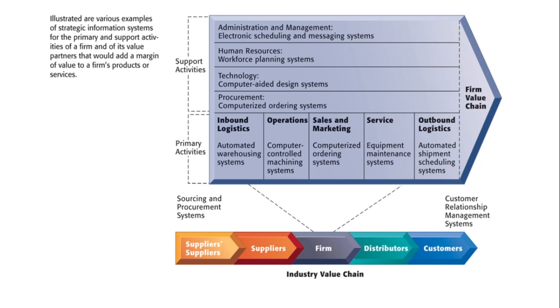Then the operations, where they produce the service or the product. Sales and marketing, how they promote and price these things and spread the word about them. After-sales service and outbound logistics, which is automated shipping, scheduling for returns and other things. All of this is the firm's internal activities.